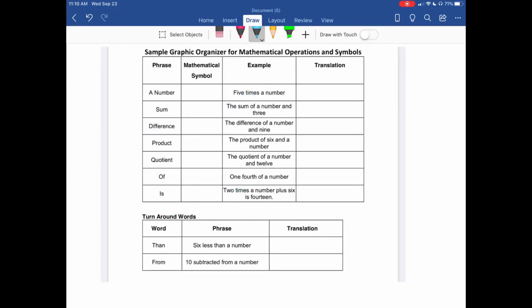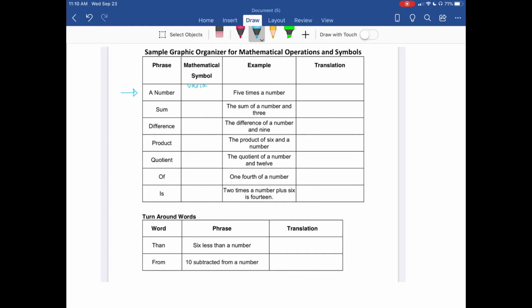So let's look at this table of different phrases and examples and see if we can't fill these in. For the first one, the phrase is a number. When we have an unknown, so when they're just giving us this generic number, we have to then assign it what we refer to as a variable.